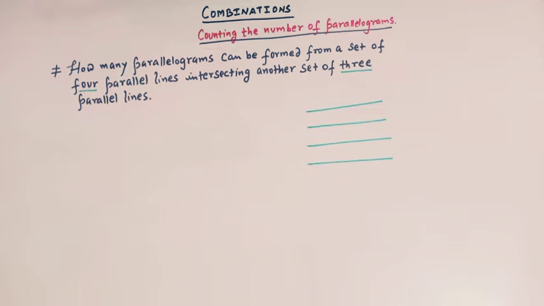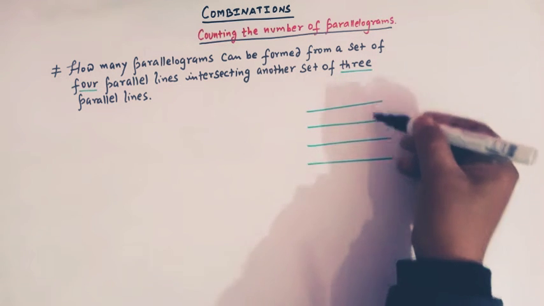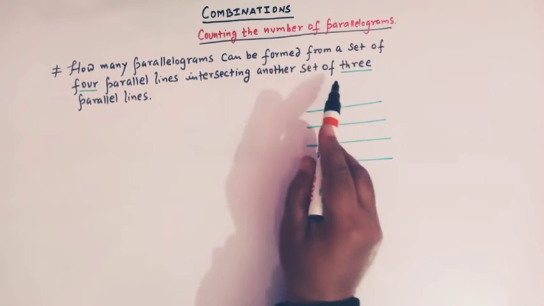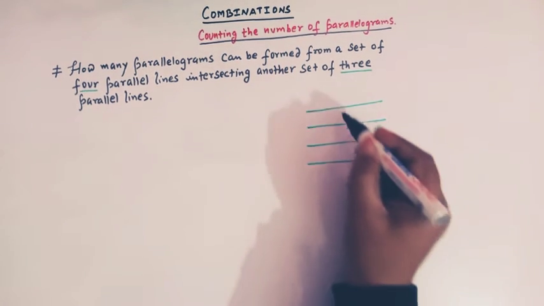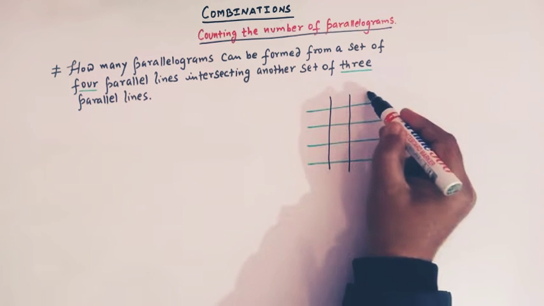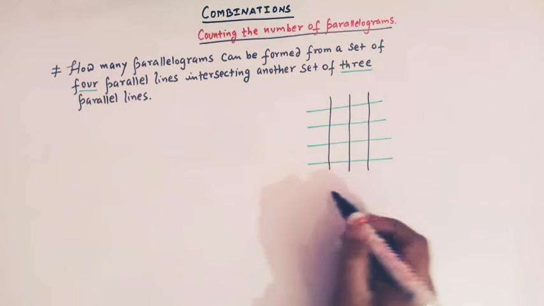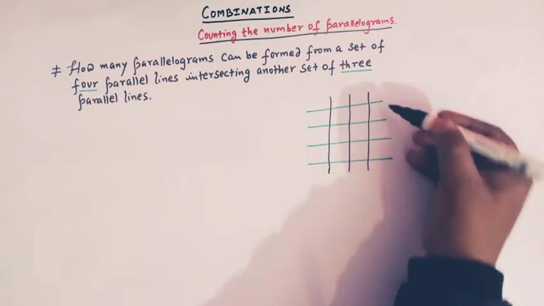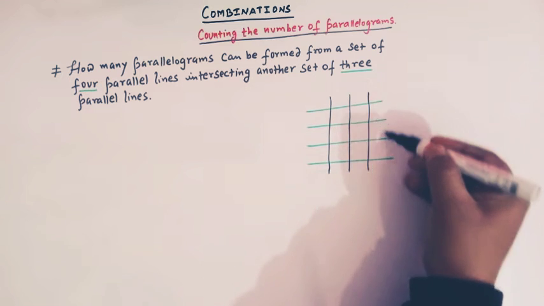These 4 parallel lines are intersected by a set of 3 parallel lines. So we can draw like this, and we have these 3 lines.